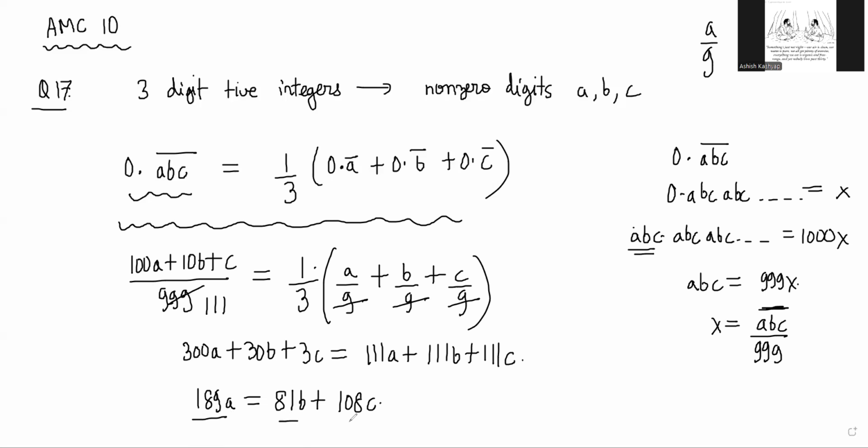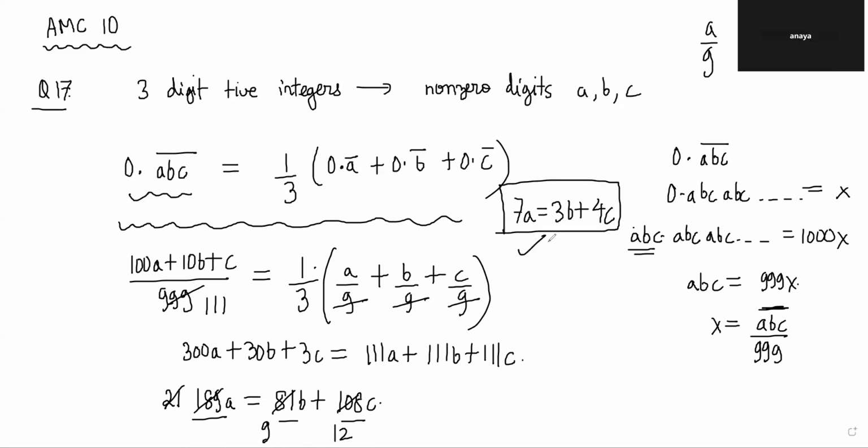We can cancel 9 from here. So you get a 21 here, a 9 here, and a 12 here. And basically we can cancel 3 again. So we'll get 7A is equal to 3B plus 4C. Yeah, I got that.